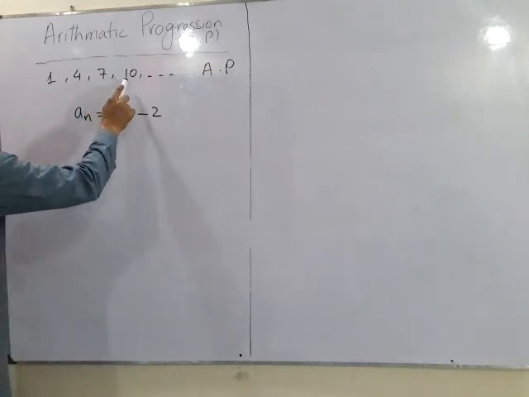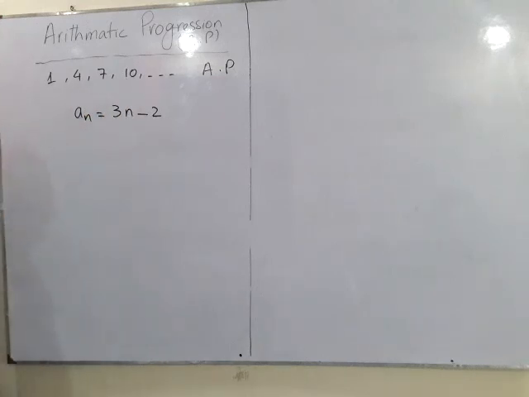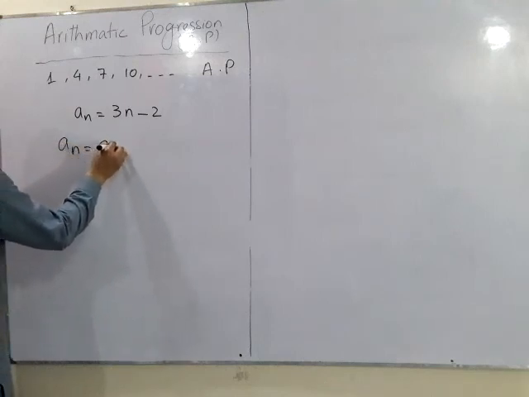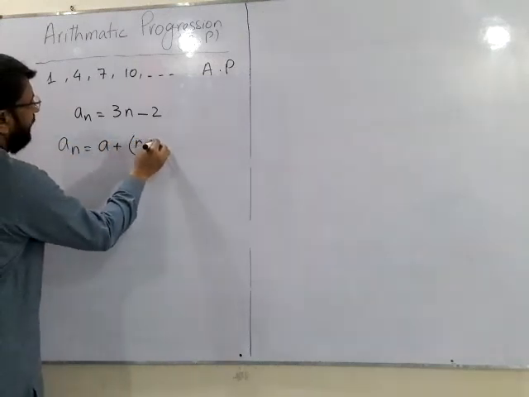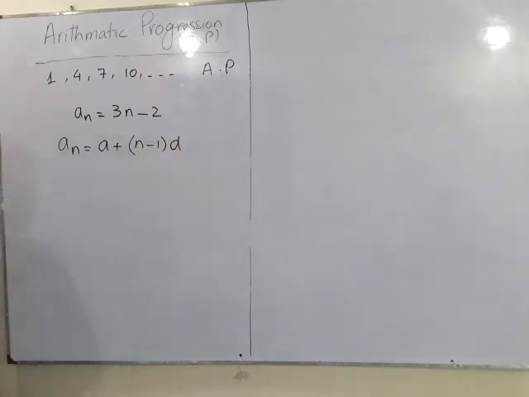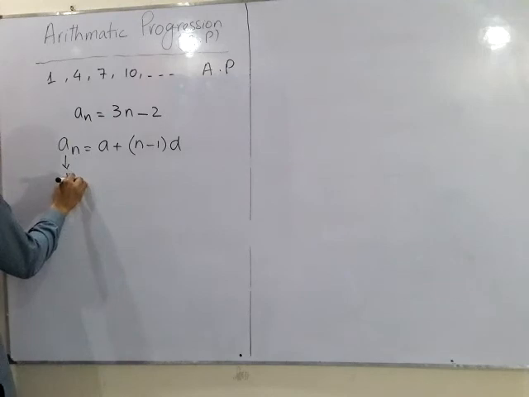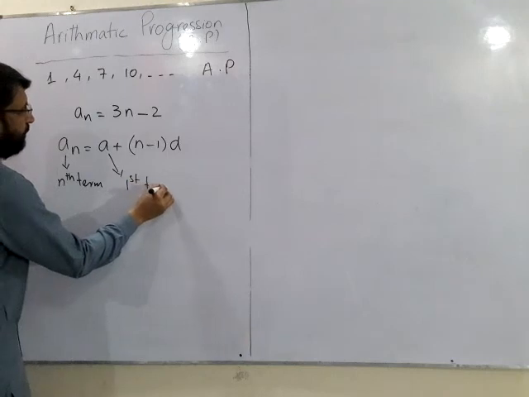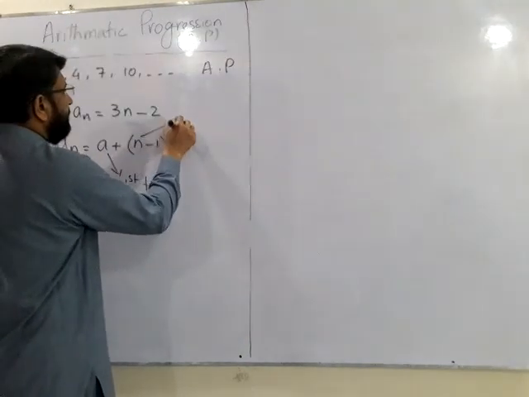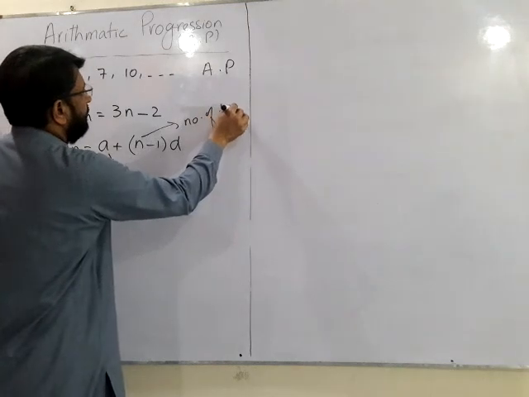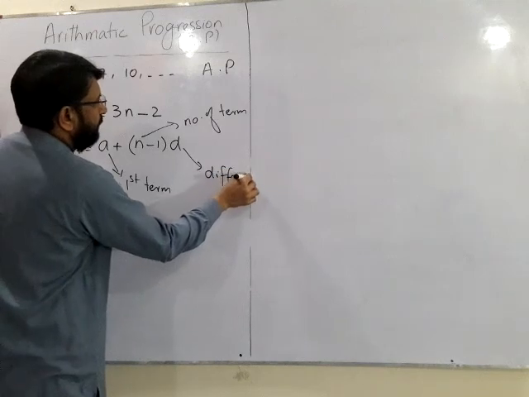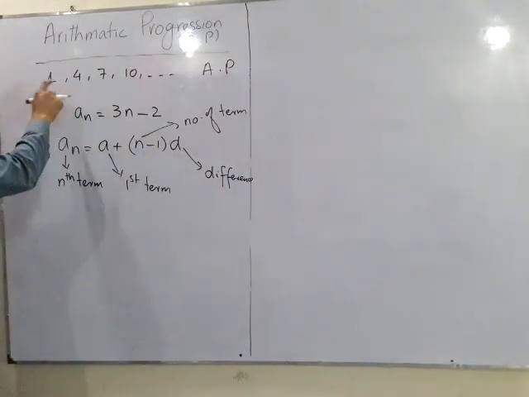But when we come to our A levels, we do not do it this way. We have a formula for this. The formula for an AP for finding the nth term is an equals a plus n minus 1 into d, where an is the nth term, a is the first term, n is the number of terms, and d is the difference between the terms.